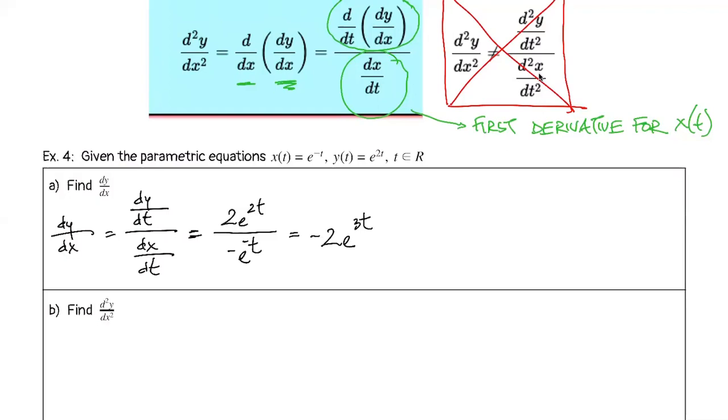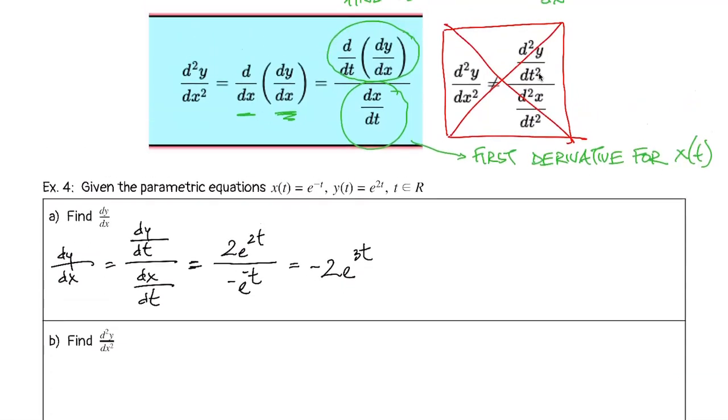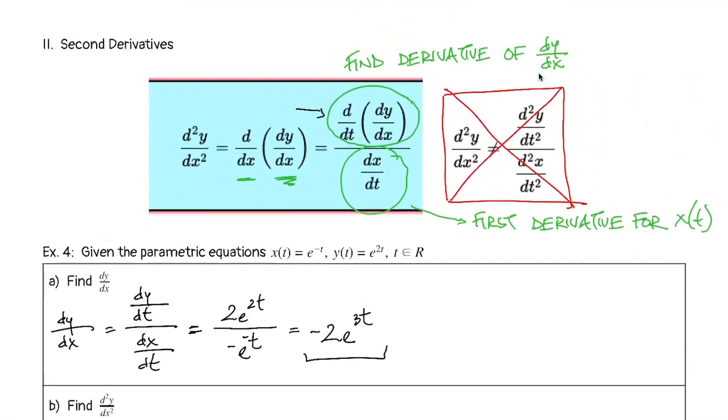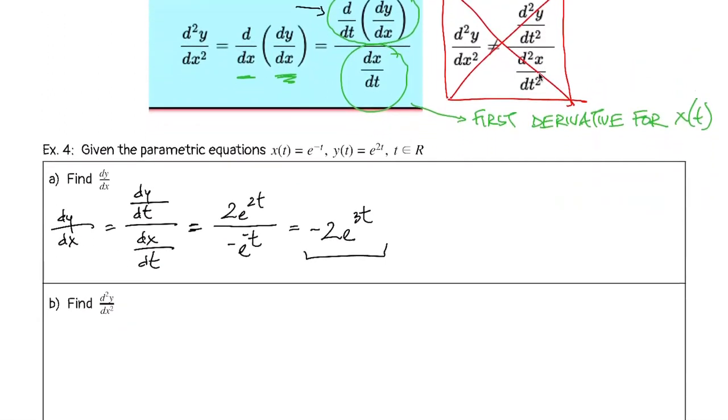But in part B, it says find the second derivative. So we're going to take our dy/dx, and the derivative of this is going to be this numerator up here. In the denominator is going to be whatever I had in the denominator before I simplified, that negative e^(-t). So let me write out the formula.